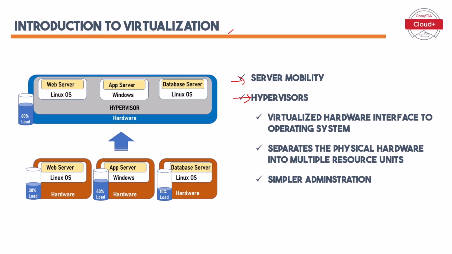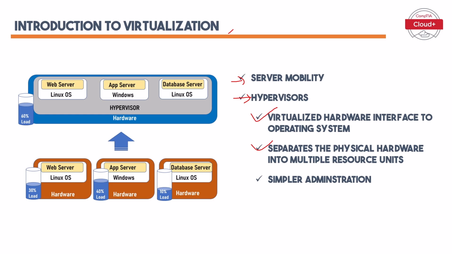So what are the benefits of hypervisors? First, a virtualized hardware interface to the operating system. The hypervisor provides a uniform virtualized hardware interface to the OS, which is installed above the virtualization layer. It separates the physical hardware into multiple resource units that all draw from the physical pool.